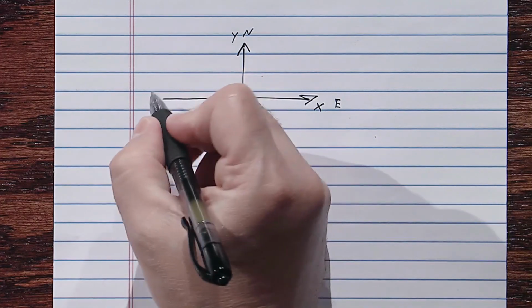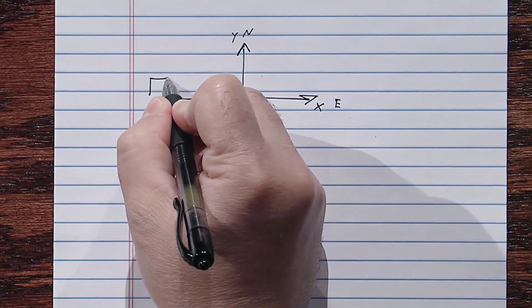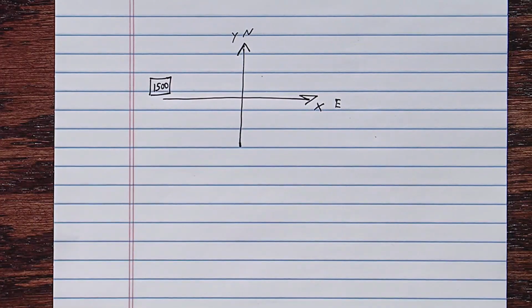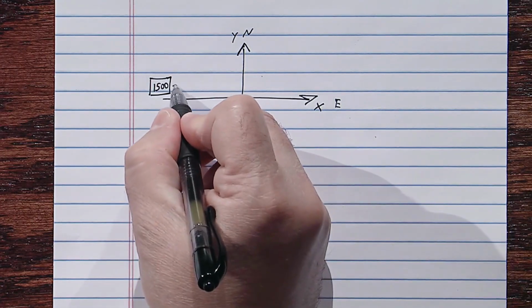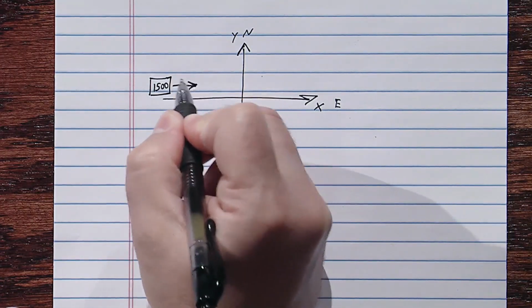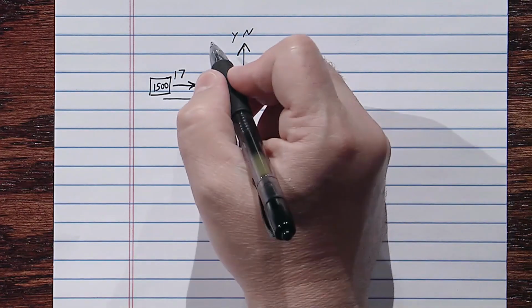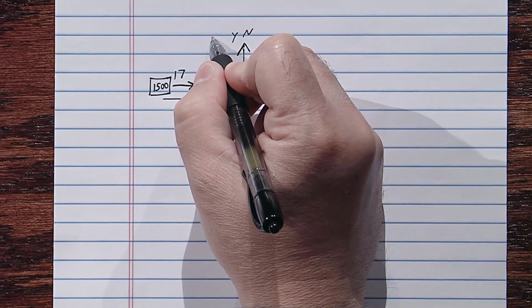So we have a 1,500 kilogram car moving east. So it's moving in the positive X direction at 17 meters per second. And it collides with an 1,800 kilogram car moving south.